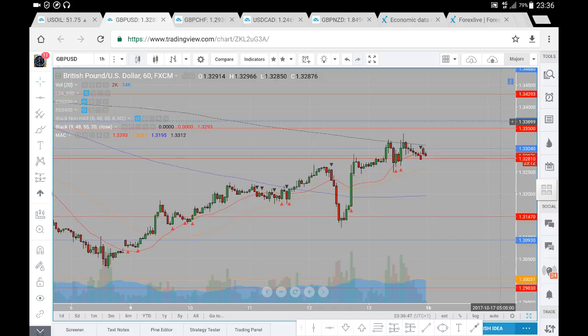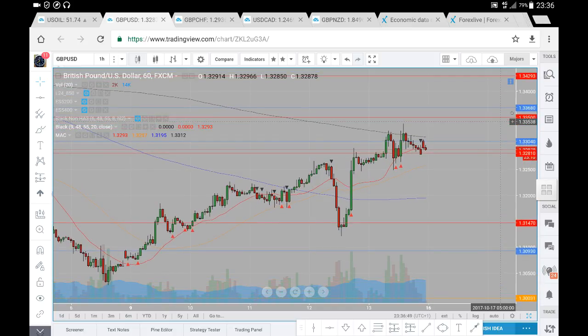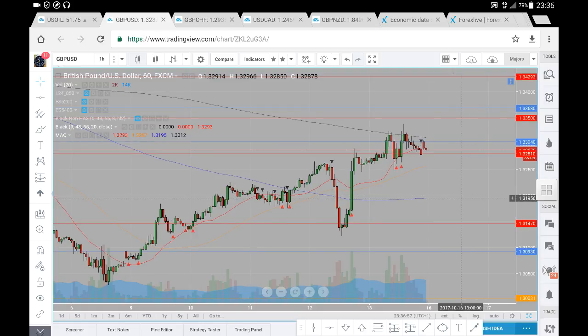If prices do break down from here, we'll be looking to see if there are any reactions off the 200 period moving average, seen at 131.95. Beneath which we've also got the area previously tested, which held support, 131.47, and below that we've got 130.93.